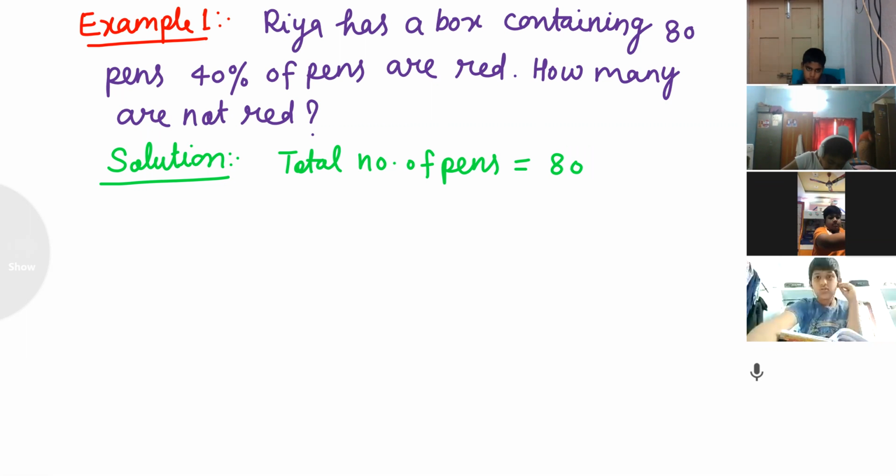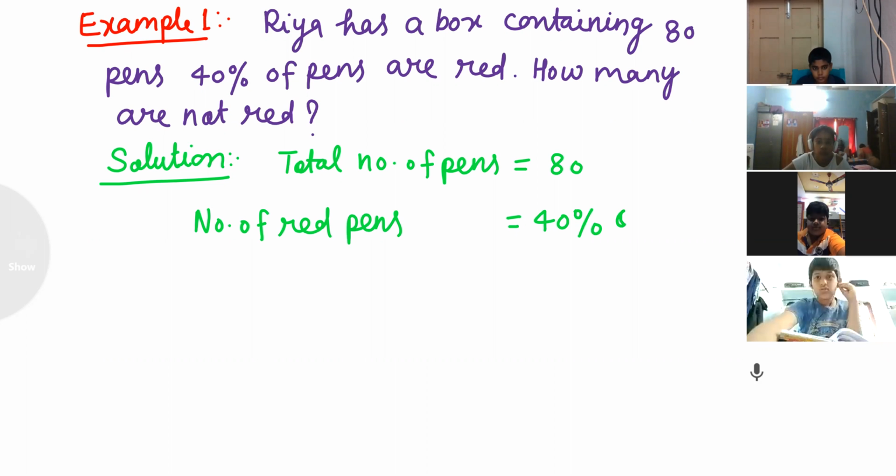I want to find out how many red pens are there. It means number of red pens is equal to 40% of 80.